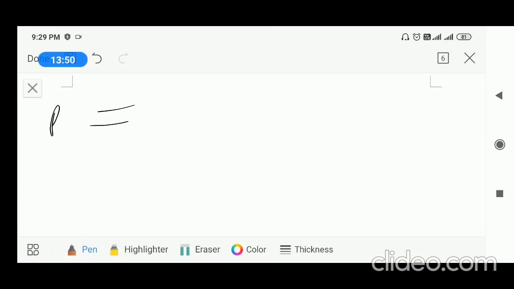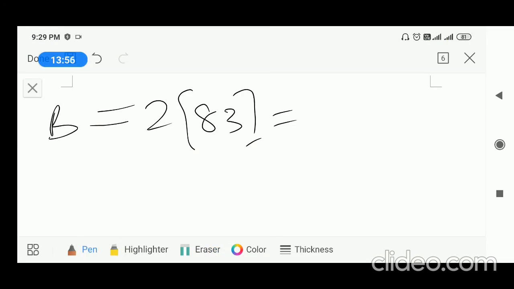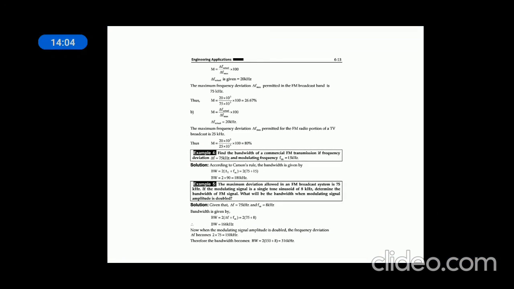The bandwidth is given by 2 into 83, that will be 166 kilohertz. That is the bandwidth.